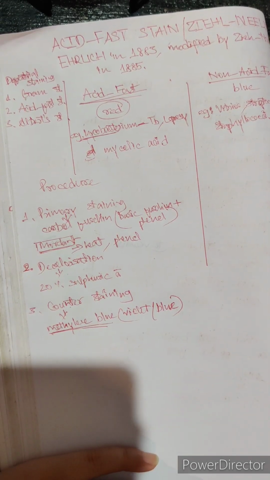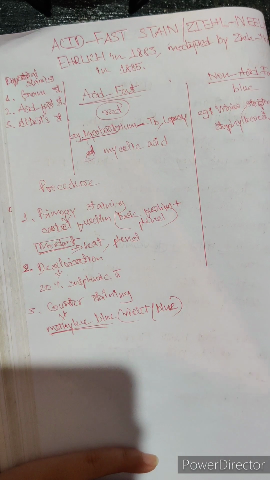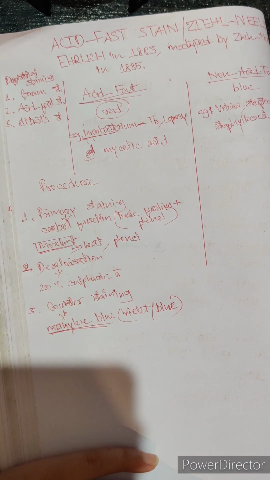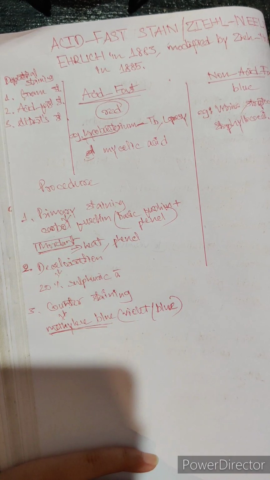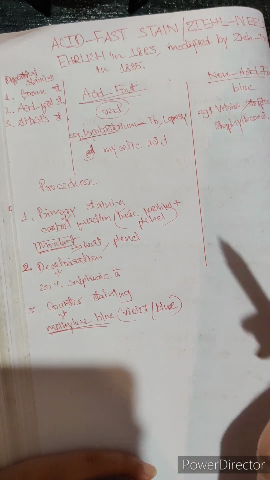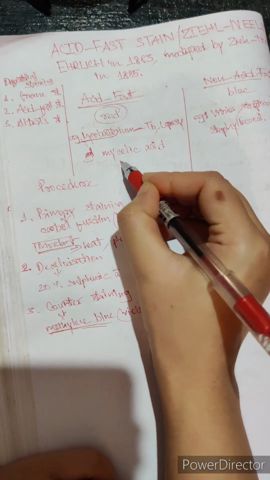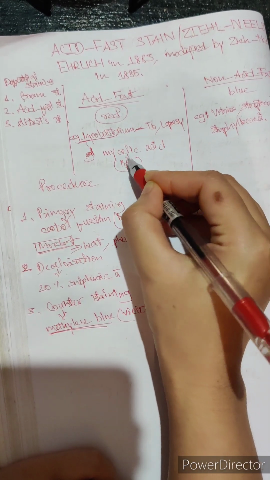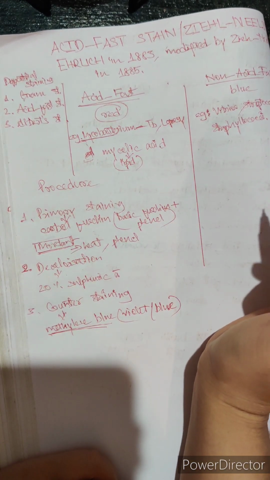The reason why acid fast organisms are red in color is because carbol fuchsin is soluble in phenol, and phenol is more soluble in lipid substances, and your lipid substance is nothing but your mycolic acid.